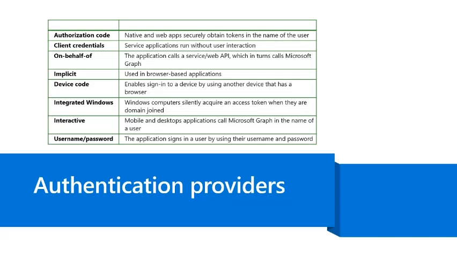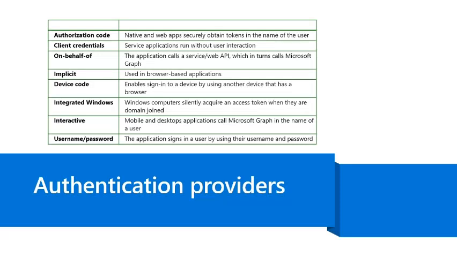The on-behalf-of flow is applicable when your application calls a service or web API, which in turn calls the Microsoft Graph. So you simply say on behalf of, on behalf of Microsoft Identity.